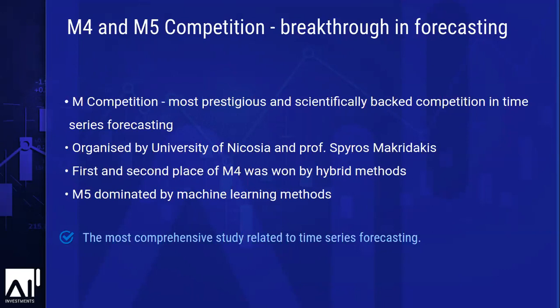In the M4 competition, the goal was to predict 100,000 time series. So it's a very big number of time series, and the winning method has proven that it is robust and works very well and achieves very good results.